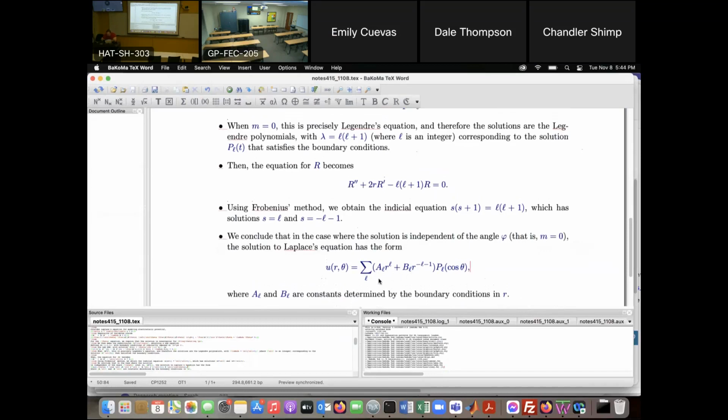So this is the general process when you have Laplace's equation in spherical coordinates and you assume radial symmetry, so the solution only depends on r and theta, not phi. This is your general solution: these powers of r times Legendre polynomials evaluated at cosine of theta.